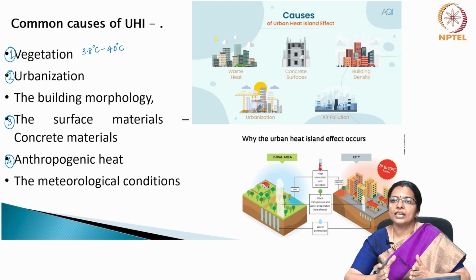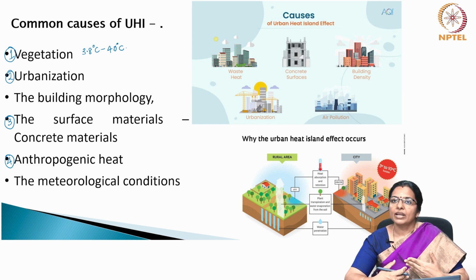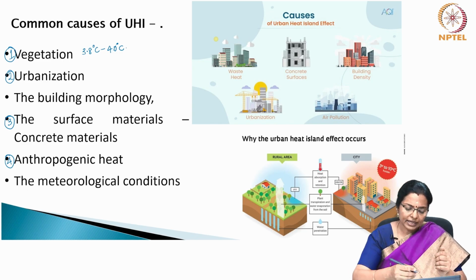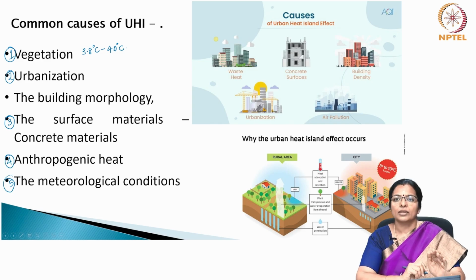Similarly, if planning of cities is done in such a way that transportation between two places is not really needed, and people don't have to move long distances for their day-to-day affairs, then the anthropogenic heat due to vehicles can be reduced.